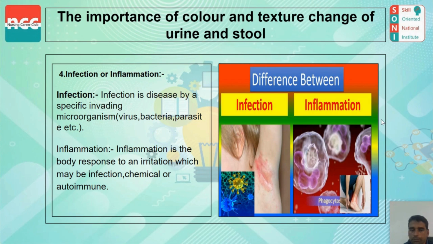Inflammation is the body's response to an irritation which may be infection, chemical or autoimmune. Infection flows through the virus, bacteria and parasite, and inflammation is in response to irritation.